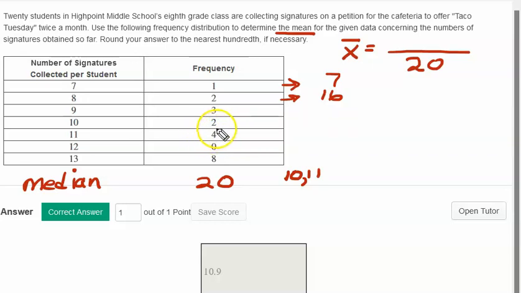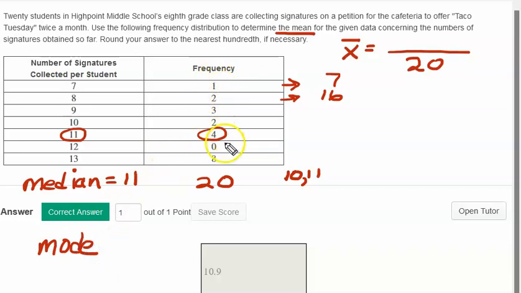Our median is right in this area, and we look over here and we see it's 11. That would be our median if we were to string all of these out in a long line showing how we found it. Now let's do the mode as well.